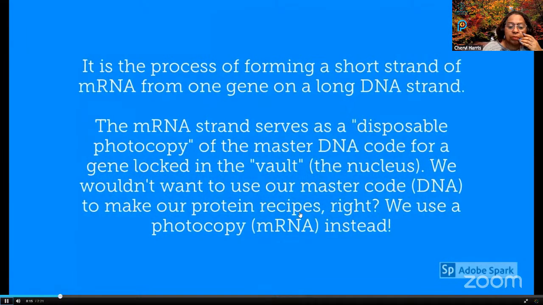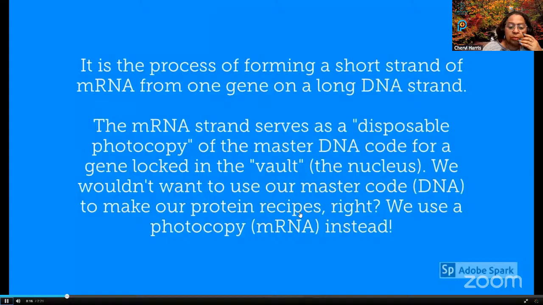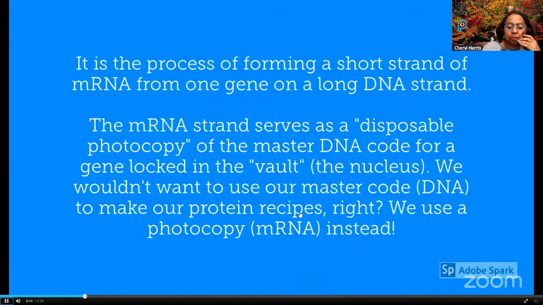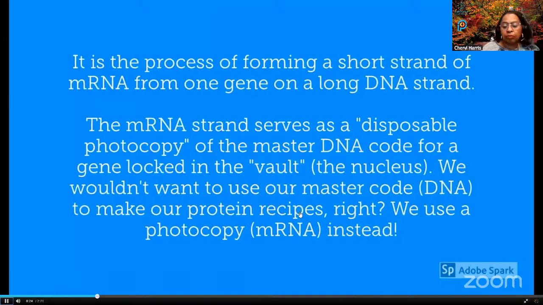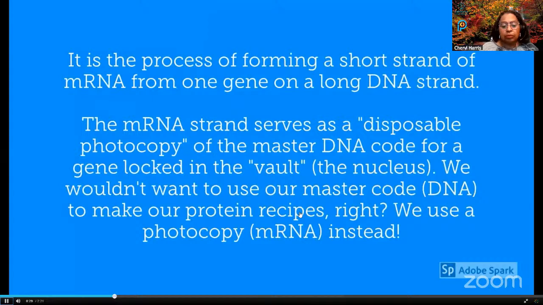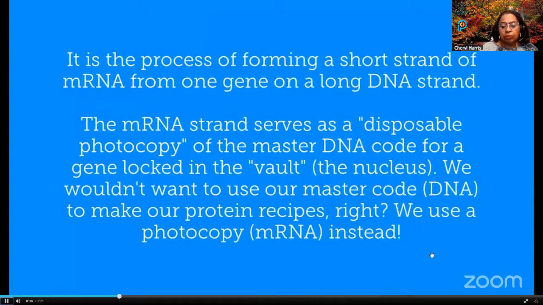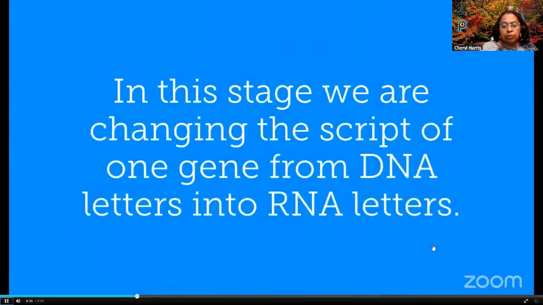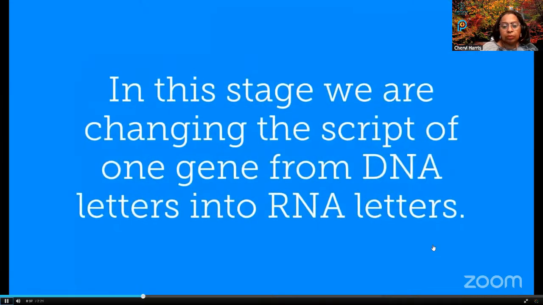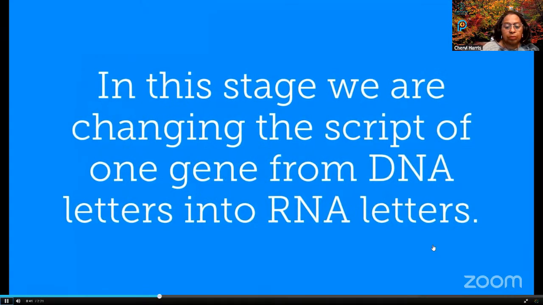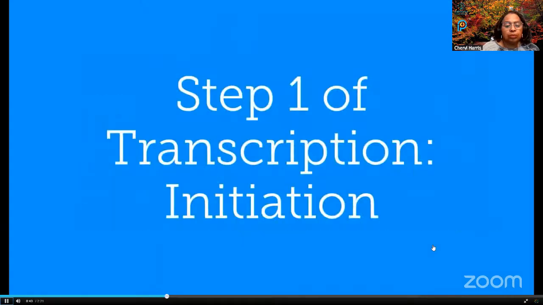The mRNA strand serves as a disposable photocopy of the master DNA code for a gene locked in the vault, which is the nucleus. We wouldn't want to use our master code, the DNA, to make our protein recipes, right? We use a photocopy, mRNA, instead. In this stage, we are changing the script of one gene from DNA letters into RNA letters.